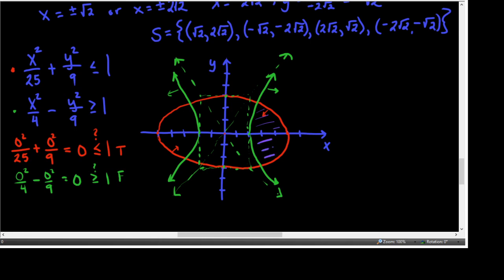So just shade that. A few lines like that's sufficient. And on the other side, to the left of the hyperbola, but yet still inside of the ellipse. That would look like that. So that shaded region is the set of points that makes that system of inequalities true.